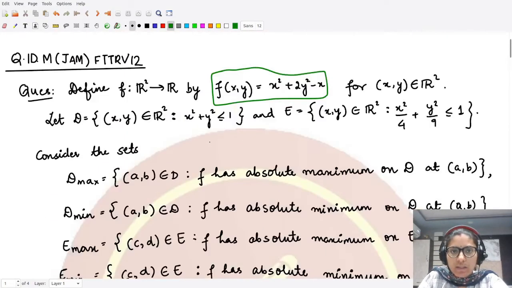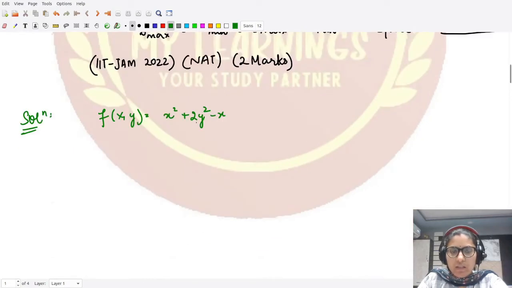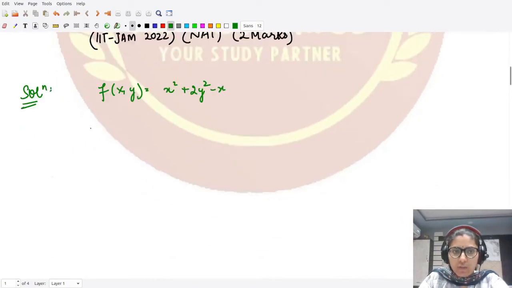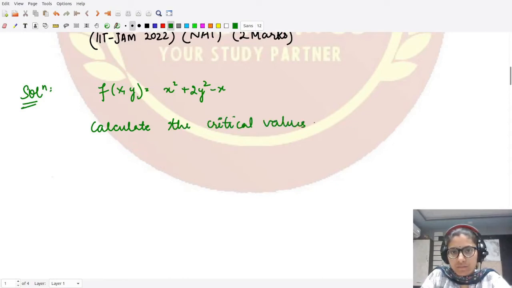So this is our given function. For the critical values, we'll first calculate the critical values of f.